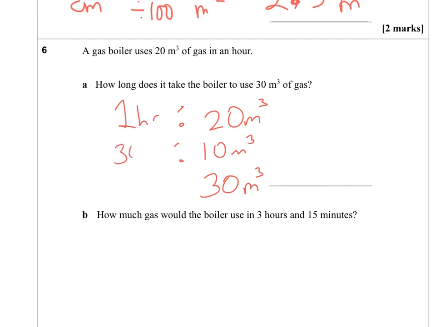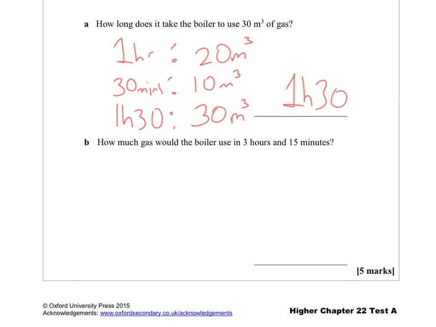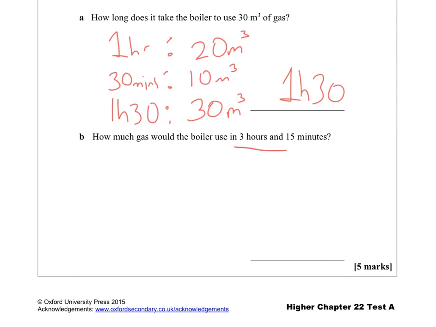So 30 minutes, half an hour, is 10 metres cubed, and 3 lots of 30 minutes, which is an hour and a half, is 30 metres cubed.